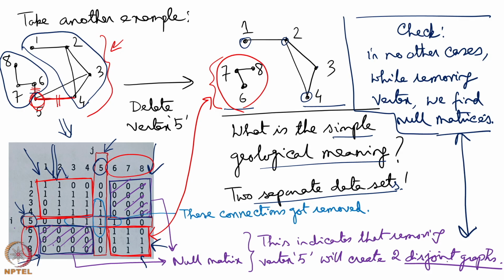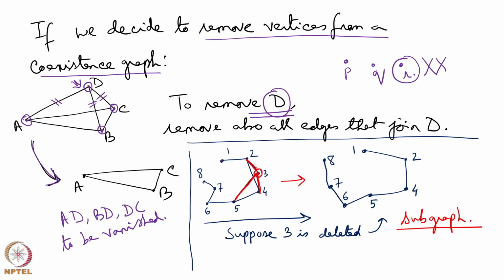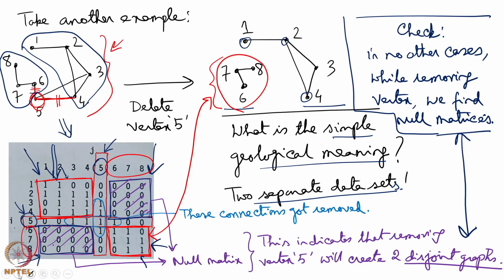In the previous case, when we removed vertex 3, we did not get 2 disjoint graphs, and it can be reflected within the starting matrix. Here is 3, if I draw a column here and here is 3, I do not get null submatrices at the 2 sides.